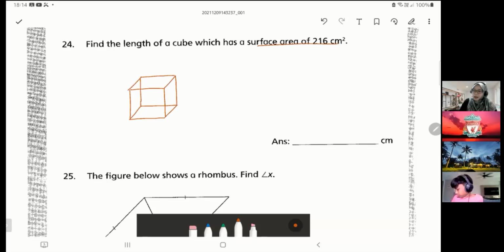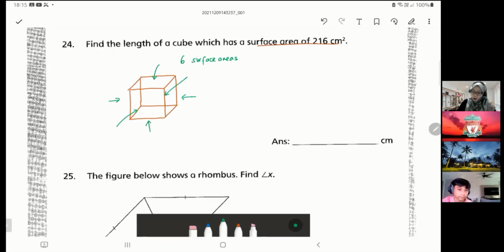Surface area means the outside. A cube has 6 surface areas: the top, the bottom, the sides, the front and the back. You can see that, 6, all right?